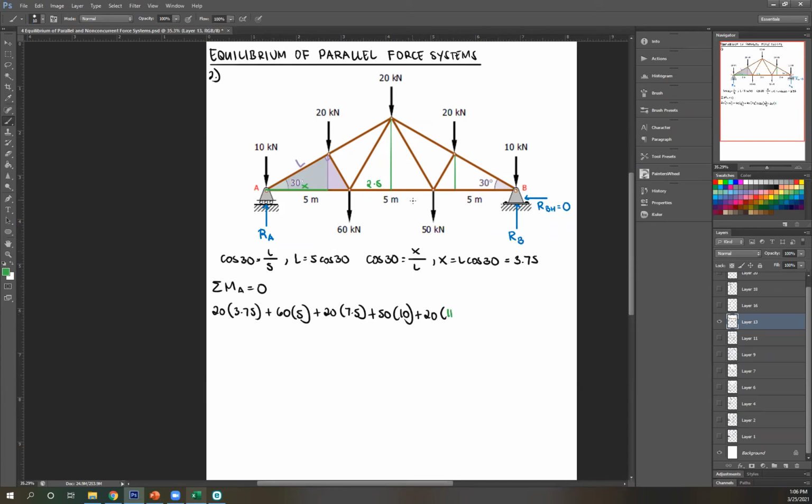Once again, that's 5 plus 5 plus 1.25. So that's 11.25. Okay, let's include that. And then lastly, no, I still have another 10. It's clockwise, so plus 10, 5, 10, 15 times 15.